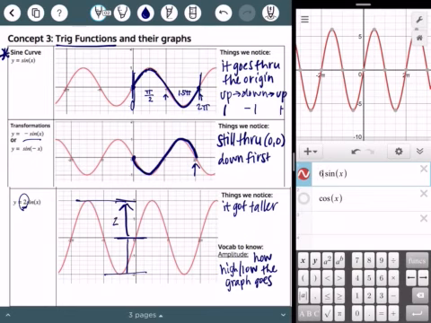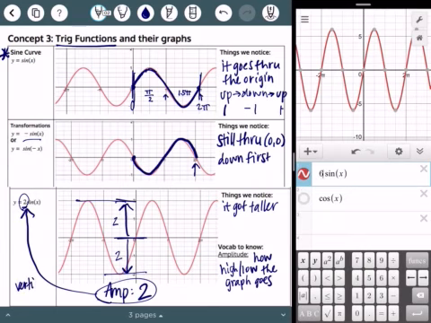And then if we start at the center of the graph and we go down, we see that it goes down 2 as well. So we would say that the amplitude of this is 2. We also see that in the equation, it's the very first number. So that number is also what we call a vertical stretch.